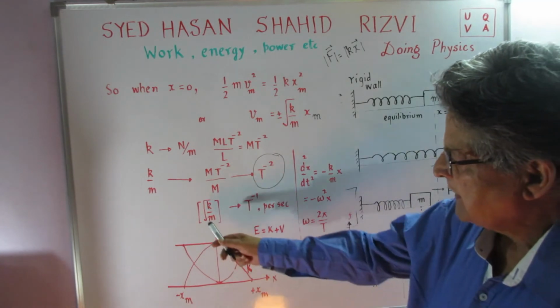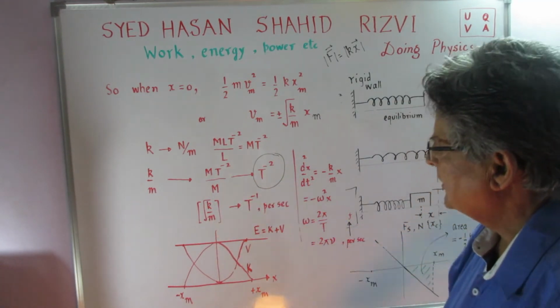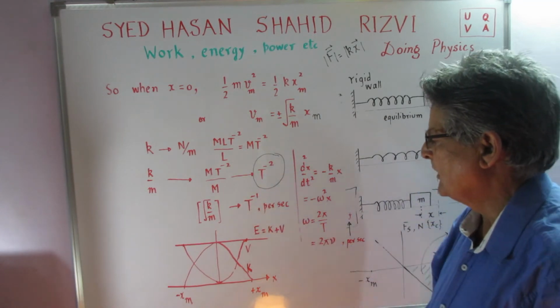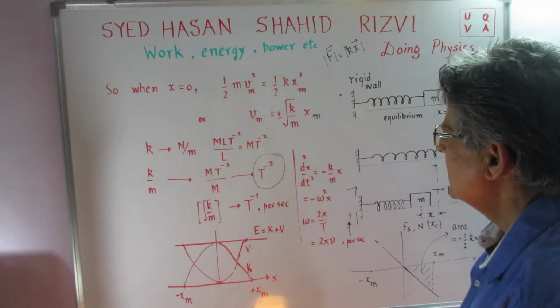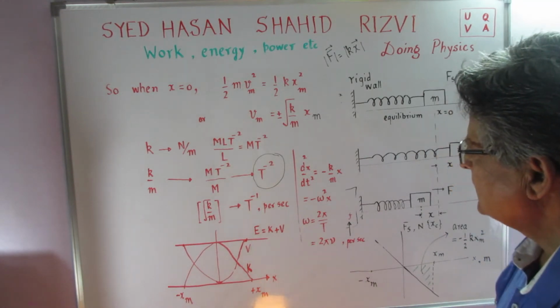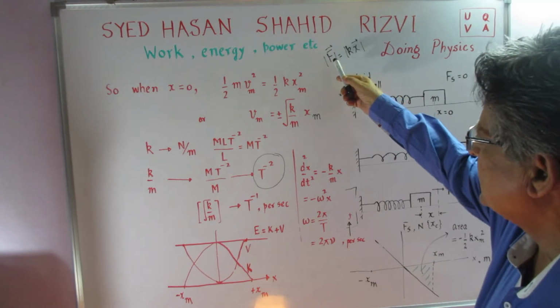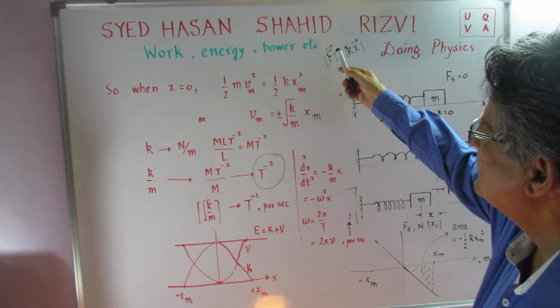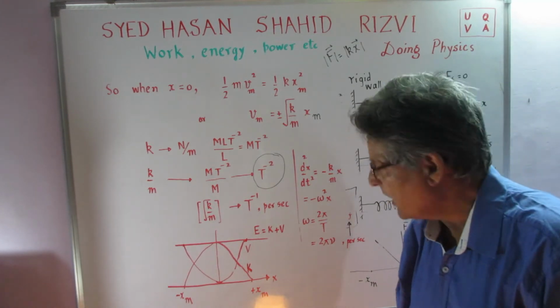And when I take the root of k over m, this is an important aspect, it turns out to be equal to T to the power of minus 1, which is per second. Now I would just like to tell you that this F can be written as m d2x upon dt2 from Newton's second law.